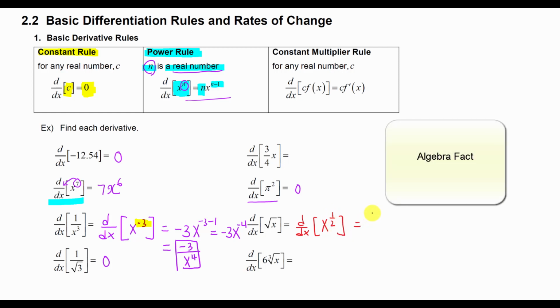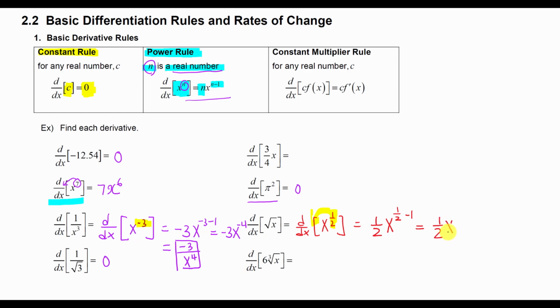According to the rule, you drop the power down to the front. So it becomes 1/2 times x to the, whatever power you had, you subtract 1 from it. So that will be 1/2 x to the 1/2 minus 1, which is negative 1/2.